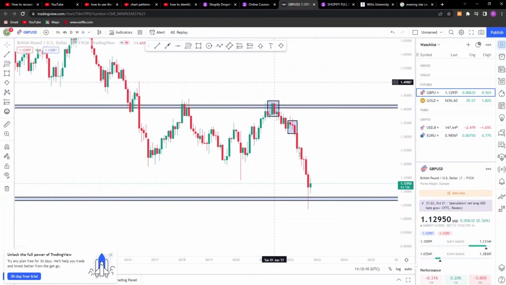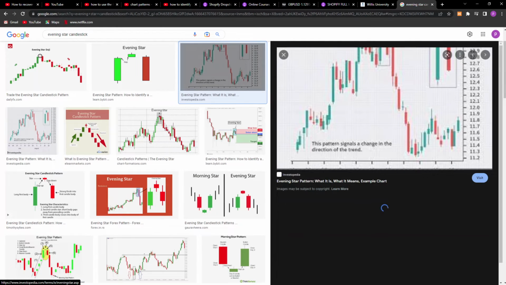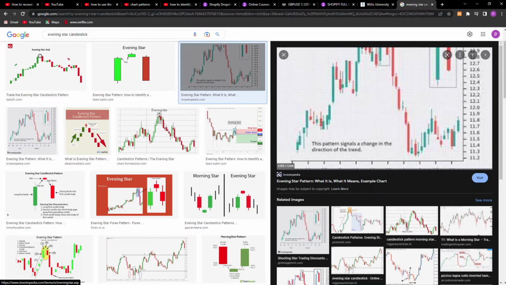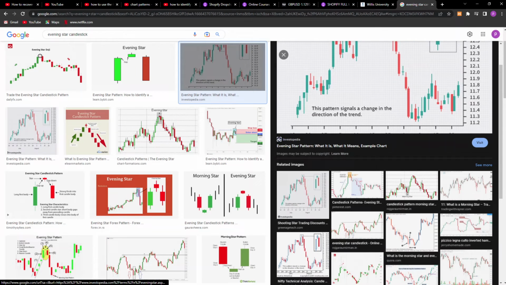So on the monthly time frame, when you're doing top-down analysis, always make sure you're identifying candlestick patterns. If we go into this picture, you can see how they identify them: bullish, doji, bearish.